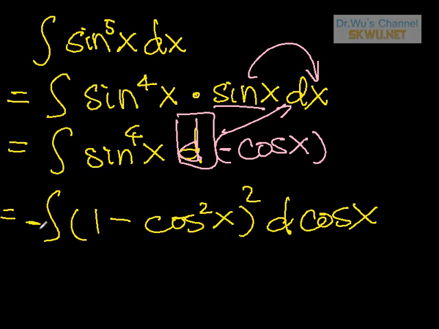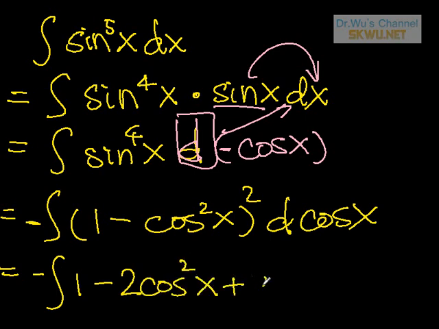I put the minus before the integral. Okay, what happened after we get this? We will have minus, and when we multiply this together, 1 minus 2 cosine square x plus cosine x to the power 4, d cosine x.